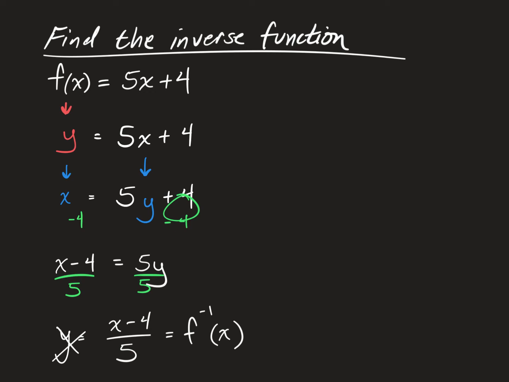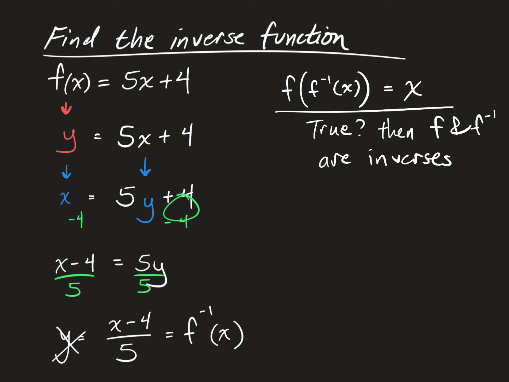Well, one thing you can do is compose the function and its inverse to see if you get x. Now, if this statement here is true, then you have found inverses. So I'm going to go ahead and check this one time here. We can take f and compose it with f inverse of x.